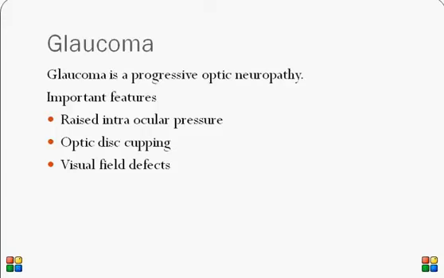Optic disc is the part of the back of the eye from where the retinal blood vessels start. We will look at the picture of an optic disc at a later stage. And the third characteristic feature is visual field defect. This is the problem with glaucoma. The visual field, the field of vision, starts decreasing in glaucoma.